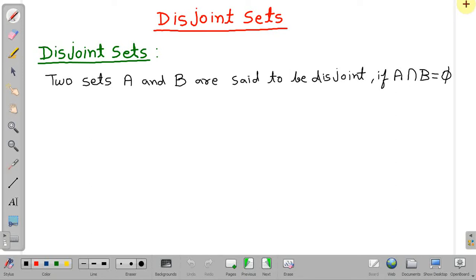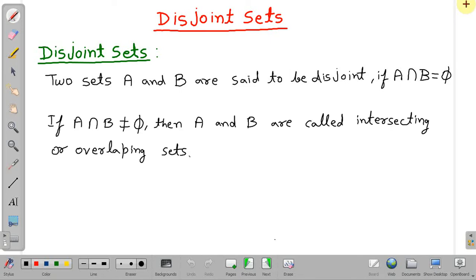It should be an empty set, or we can say that set A and set B should not have any overlapping portion. In the other case, suppose A intersection B is not equal to the empty set, then we can say that A and B are not disjoint sets, and these are called intersecting or overlapping sets.